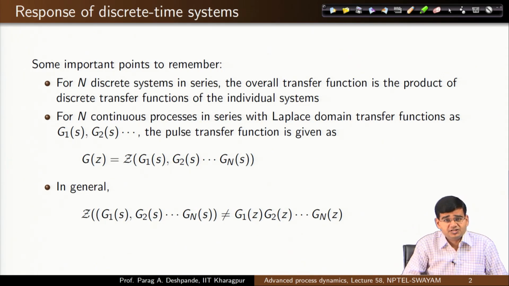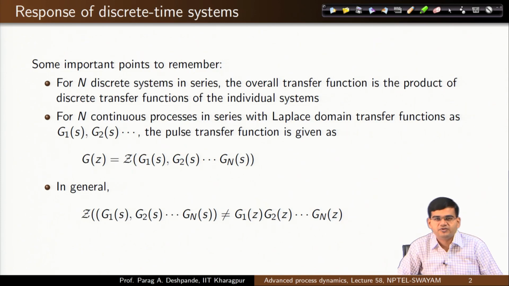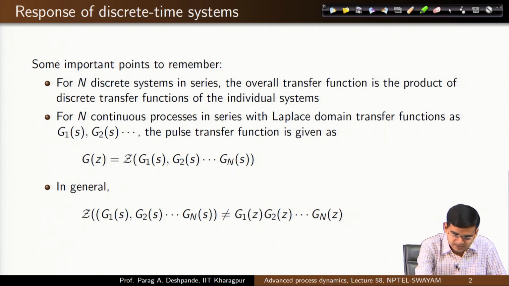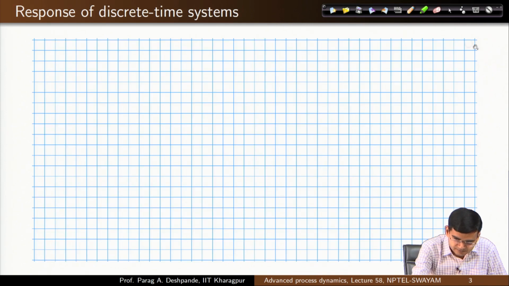We determined the pulse transfer function, multiplied it with the Z transform of the input, did the inverse Z transform. Now, if you have n systems in series, what would you do? Well, let us see what you would do.